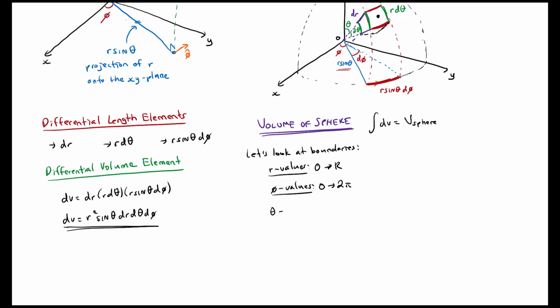And for theta, keep in mind that if you're already spinning r sine theta around 360 degrees, that means you already have a disk. And if you're rotating a disk, you only rotate it 180 degrees so that you cover all 360 degrees on both sides. So theta, think about it like this.